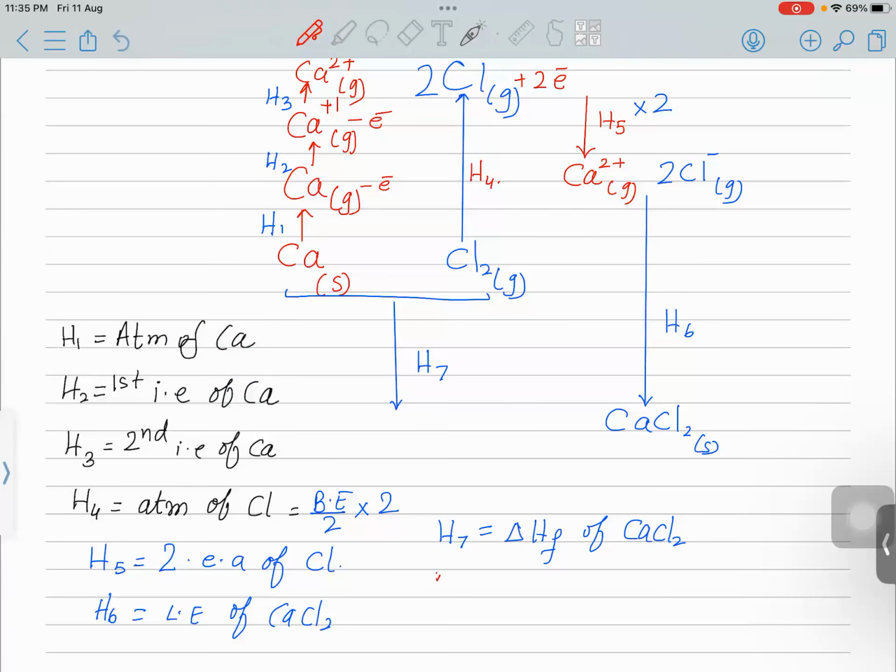Give me in numbers, H1, H2, H3. H7 is equal to H1 plus H2 plus H3 plus H4 plus H5 plus H6.